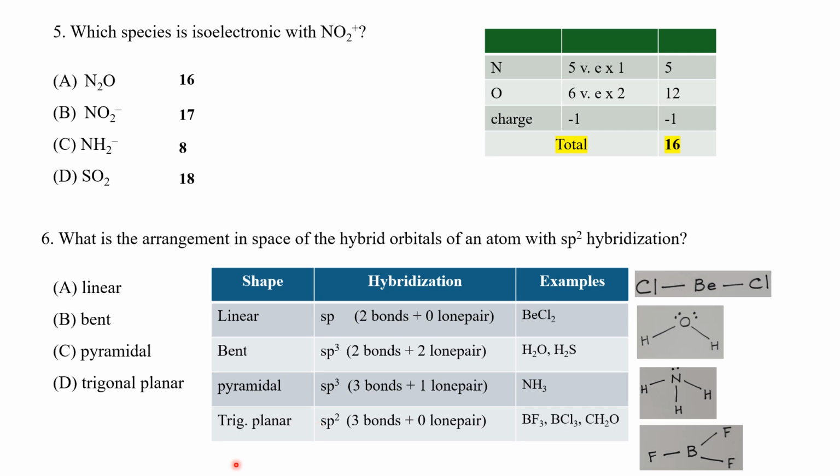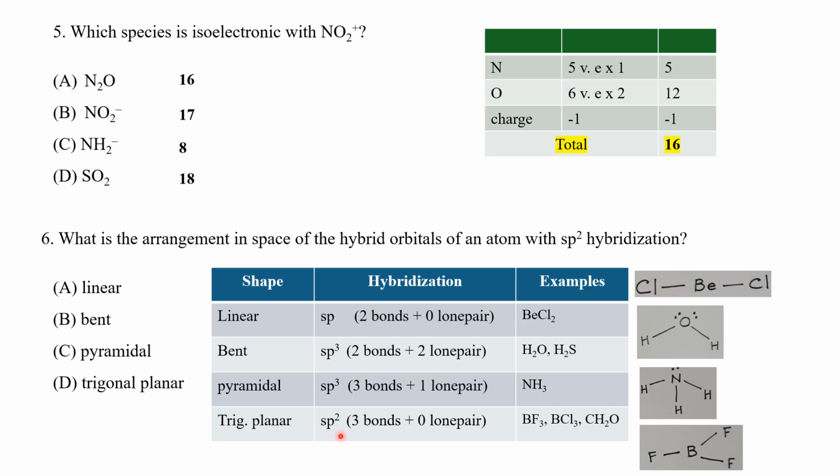Last one, trigonal planar. Examples BF3, BCl3, formaldehyde, they are trigonal planar. There are 3 bonds, 0 lone pairs. So sp2 hybridization. 3 orbitals mixed together, 1 s, 2 p. 3 orbitals mixed to form 3 hybridized orbitals.